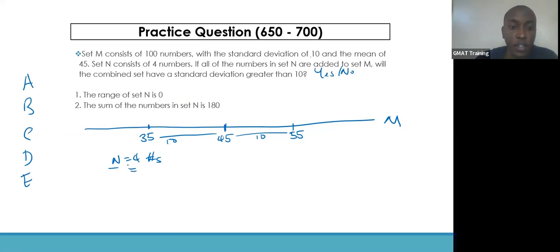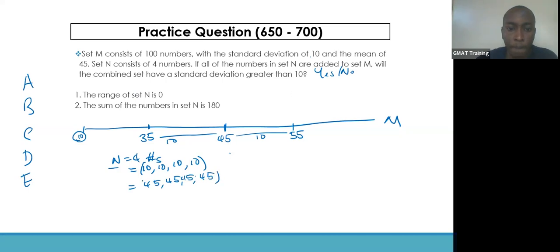So if all the 4 numbers have a range of 0, you can have, say, 10, 10, 10, 10. The biggest value is 10, the smallest value is 10, subtract them, and the range is 0. 10 is much less than 35 and therefore increases the standard deviation. And what if we had the 4 numbers the same at 45, 45, 45, 45?